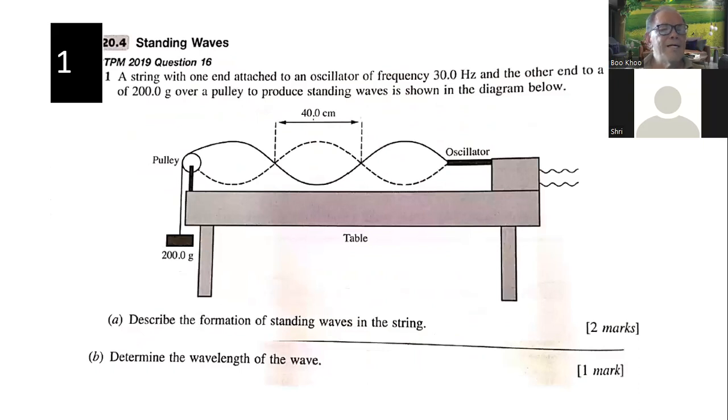Okay. A string with one end attached to an oscillator of frequency 30 Hz and the other end to a mass, over a pulley, produces a standing wave as shown in the diagram below. Describe the formation of the standing wave in the string.